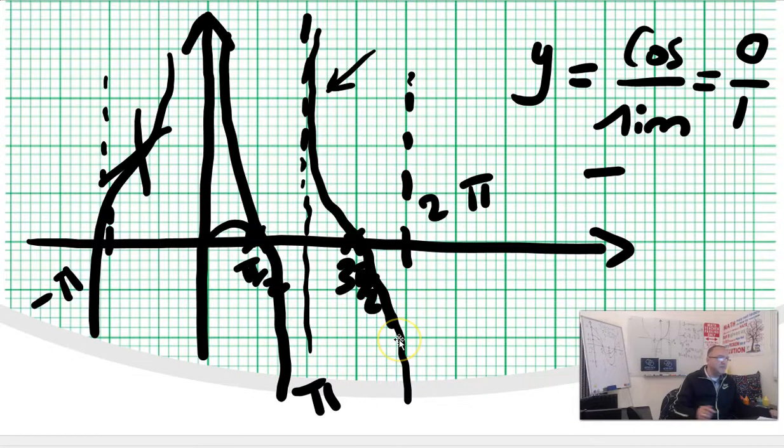And if you want to talk about it differently, what happens at 0? We're not getting to 0, because at 0 the sine becomes 0, and then the cotangent becomes undefined. That's why we have a vertical asymptote. There is no solution here.